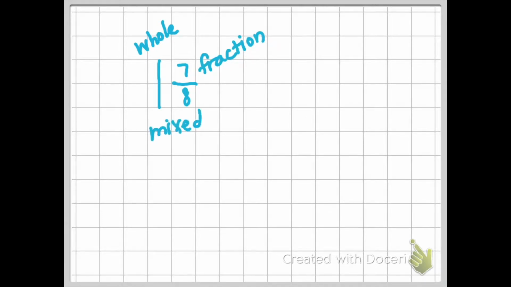Sometimes we have a mixed number. A mixed number means that you have a whole number that is right beside a fraction. And that's why they call it mixed, because you have one of both.